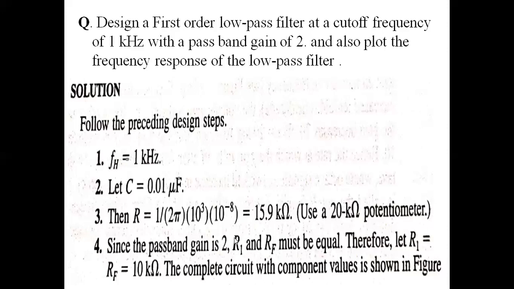Since the passband gain is 2, 1 plus Rf by R1 is equal to 2, so R1 and Rf should be equal. Let us consider the value of the resistance as 10 kilo ohm, to complete the circuit with component values.